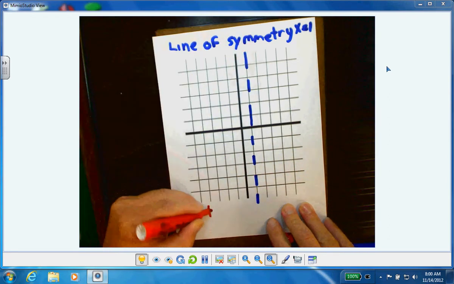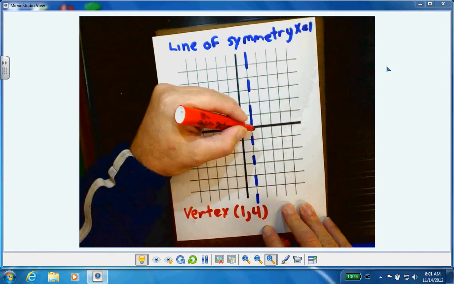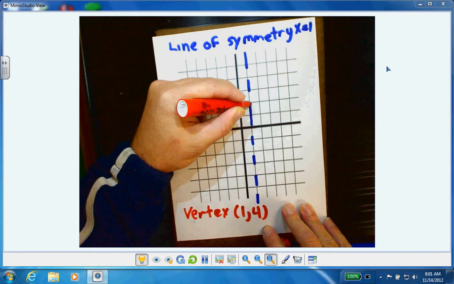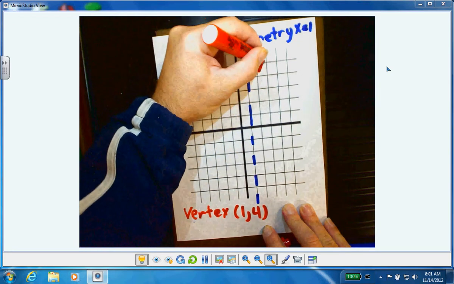Now the vertex was (1, 4), so your vertex is going to be somewhere on this line. I'm going to go over 1 and then up 1, 2, 3, 4, and just label your vertex.